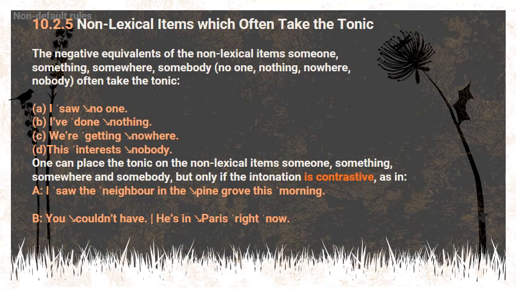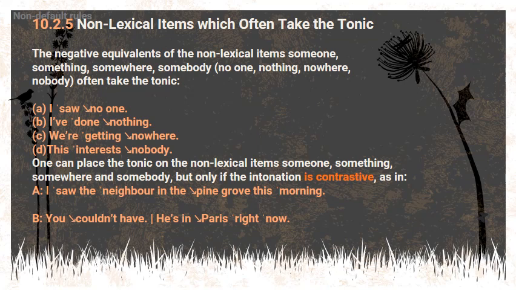And then the next is non-lexical items, which often take the tonic. So what are these non-lexical items? They are the negative equivalents of someone, something, somewhere, and somebody. For instance, they are no one, nothing, nowhere, and nobody.